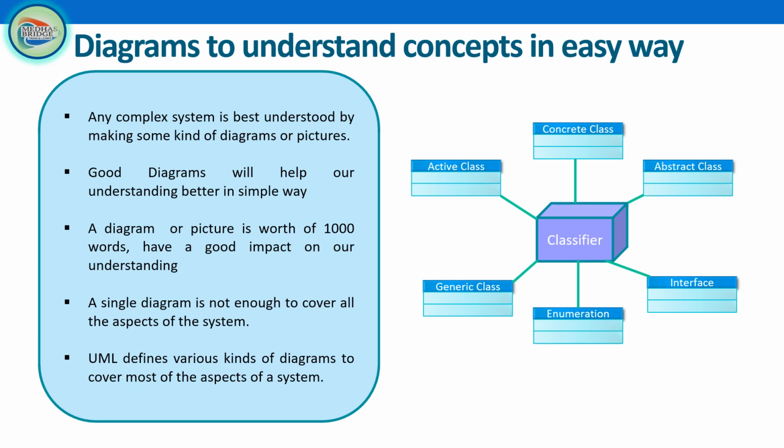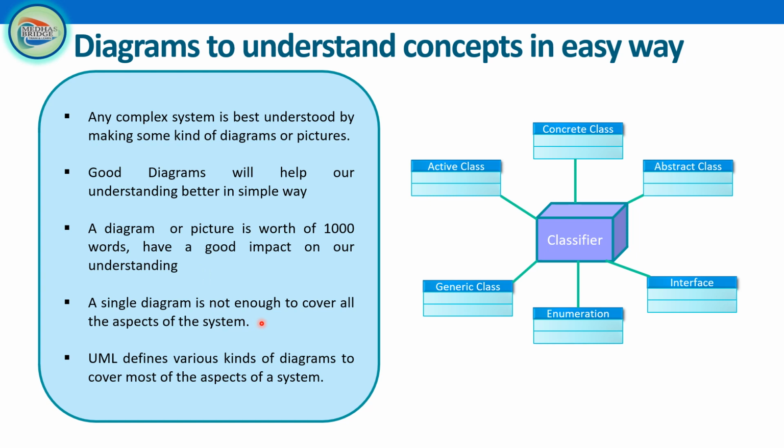In software development, we deal with systems that are small, medium, or complex in nature. Any complex system is best understood by making some kind of diagrams or pictures. Good diagrams help our understanding in a simple way, isn't it? A diagram, a picture, is worth a hundred words, and has a good impact on our understanding.